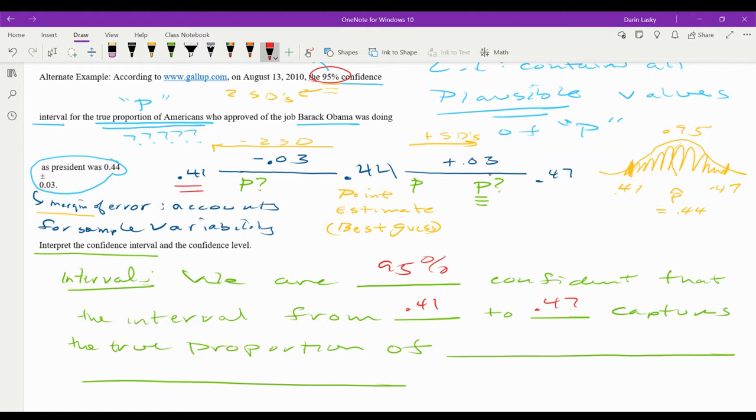Of Americans who approve of Obama's job performance. Okay, so the stuff in red is just context.